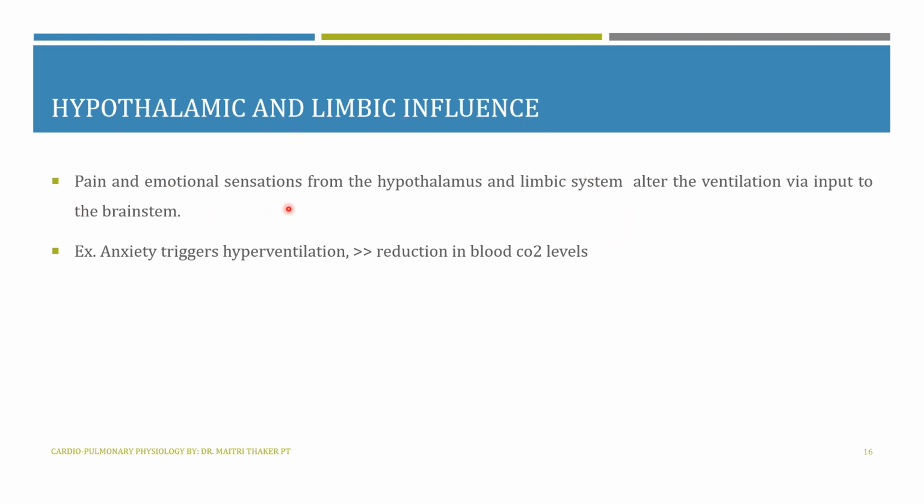Pain and emotional sensations from the hypothalamus and limbic system alter the ventilation via input to the brainstem. These are the higher centers which influence the brainstem centers, that are our medullary and pontine centers. For example, in case of anxiety, there occurs hyperventilation. So our respiratory rate increases under the influence of the hypothalamus and limbic system.